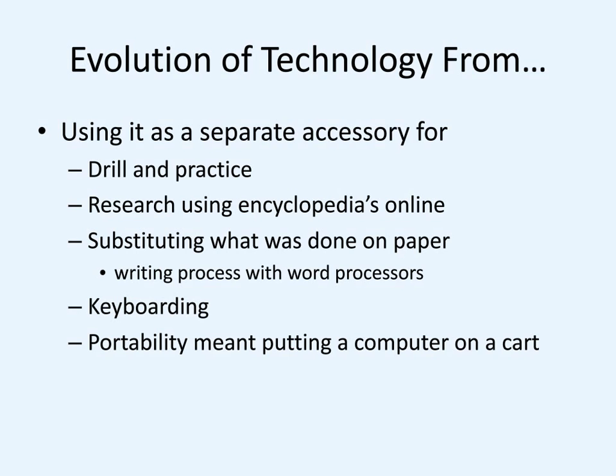We went from paper to using technology for really just replacing the encyclopedia with online researching, substituting what was done on paper. Remember, this is the evolution of when we first started using technology. This is all we're doing with it, just replacing what we were already doing on a piece of paper. We're using it for keyboarding, and portability really meant putting something on a cart, and typically putting a computer on a cart.